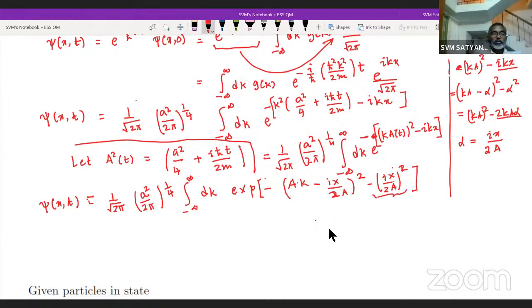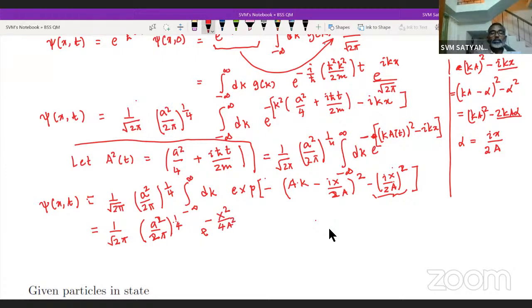So then we will have 1 by root 2 pi and this one a square by 2 pi by 4 into e to the power minus x square by 4a square.